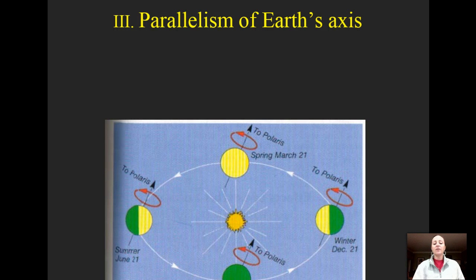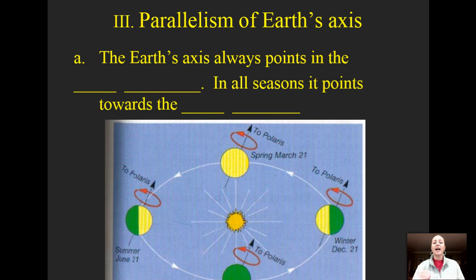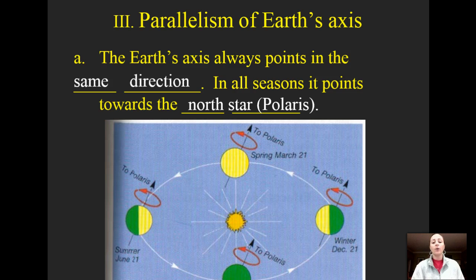So there's also this idea of parallelism of Earth's axis. And as I mentioned before, the Earth's axis is invisible, but it always points in the same direction. In all seasons, all year long, it points toward the North Star, or what we call Polaris.